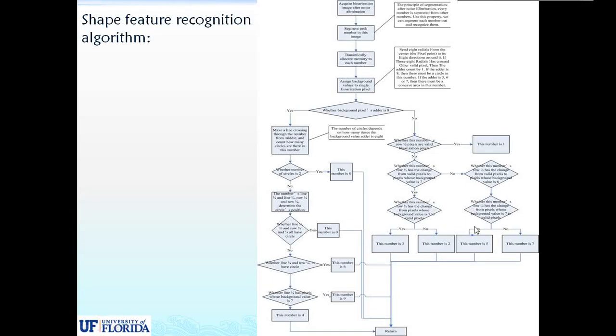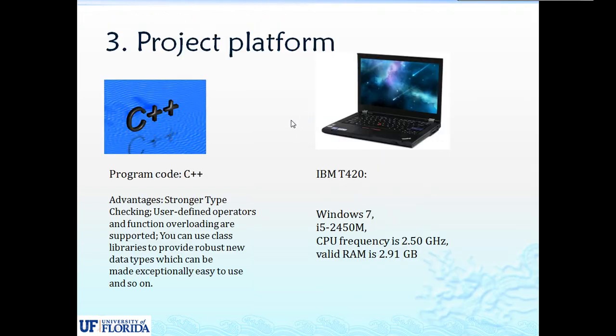This process will determine whether the number is 3, 2, 5, or 7. And after this whole recognition process, we can return the right numbers of the captcha pictures. And then we will see the project platform for this project.